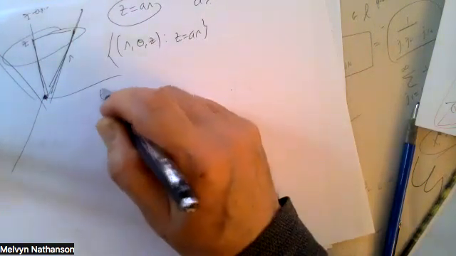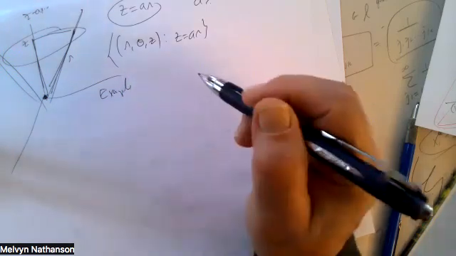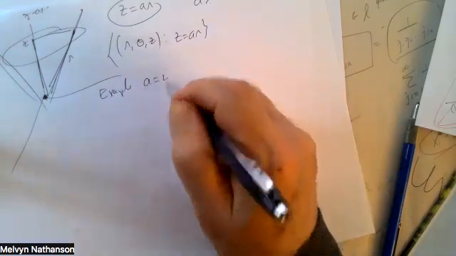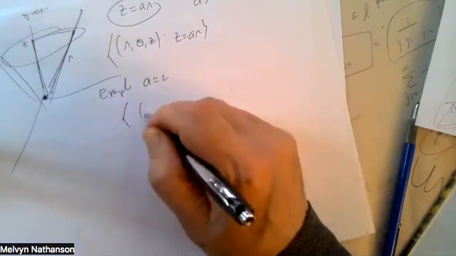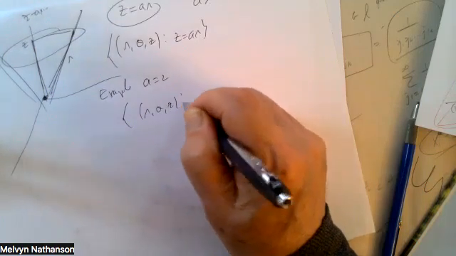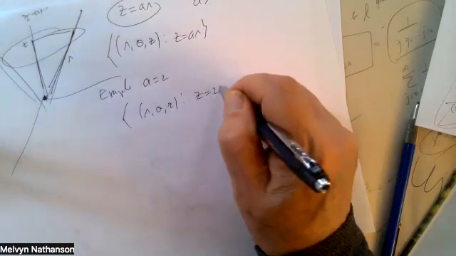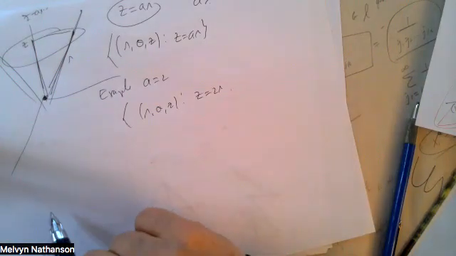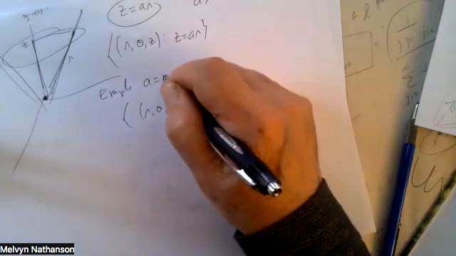So let's just look at a simple example. Suppose a is equal to 2. So we're looking at all points r, theta, z, where z is 2 times r. Make it z equals a half.